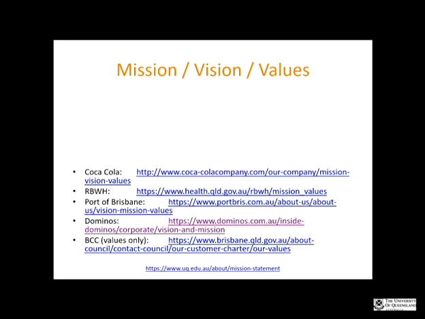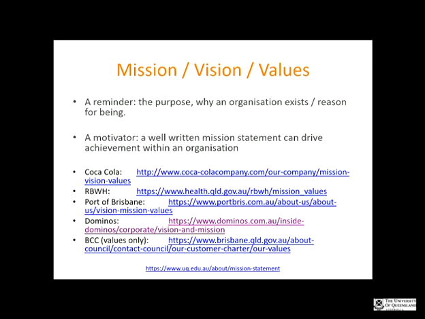You can have a look there at the mission statement for your chosen university and think about how that might frame the institution here. So in the end, what the mission, vision and values are trying to do is a reminder. It's a reminder of why the organisation exists and its reason for being. It seems like you wouldn't have to do it, but you actually do. Because in the cut and thrust of planning, of limited resources, it's very easy for organisations to lose sight of why they exist in the first place.